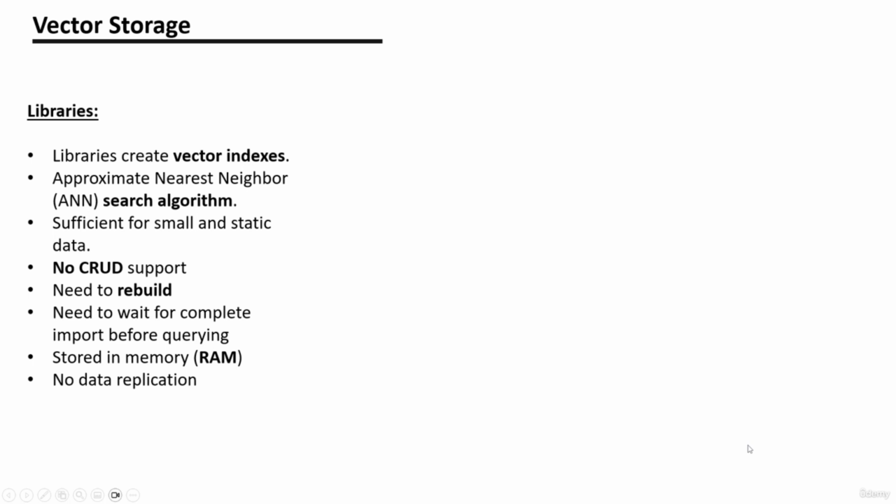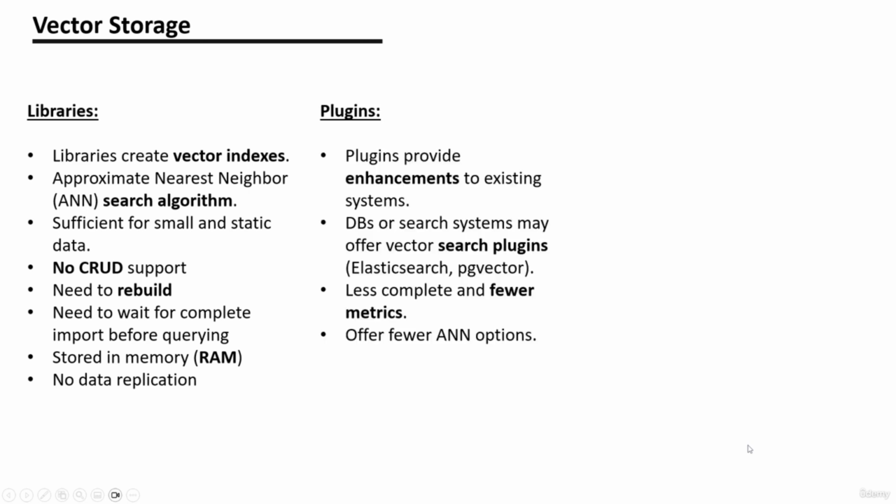The choice between a vector database and a library depends on the frequency of changes in the data and whether you need all the properties of a complete database. On the other hand, there are also databases or search systems that offer vector search plugins like Elasticsearch and pgvector. These plugins usually have fewer features and options for approximate nearest neighbor calculations.